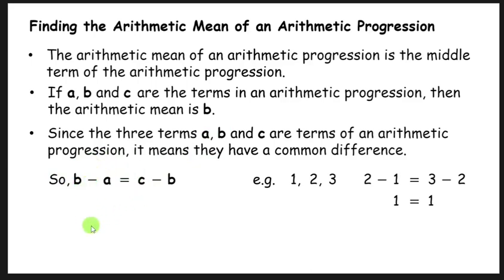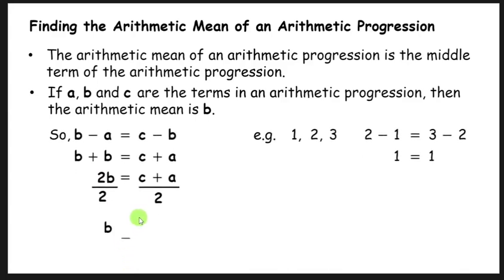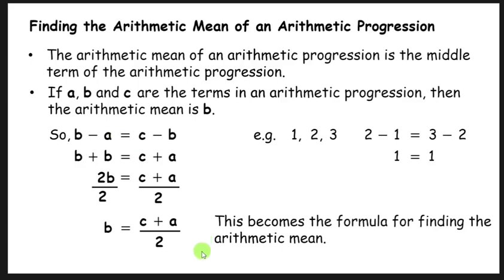B plus B is equal to C plus A, so 2B equals C plus A. Dividing by 2, B is equal to C plus A over 2. This becomes the formula for finding the arithmetic mean.